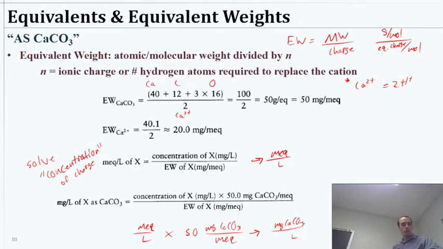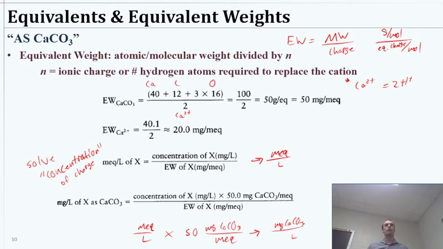Okay, so last time we left off, we were talking about these equivalent weights and equivalent units in general, talking about expressing alkalinity or hardness as CaCO3. We talked a little bit about why that's convenient, even though it feels weird at the moment.